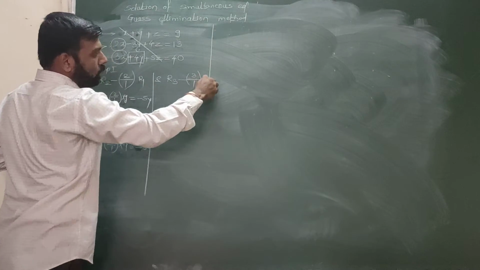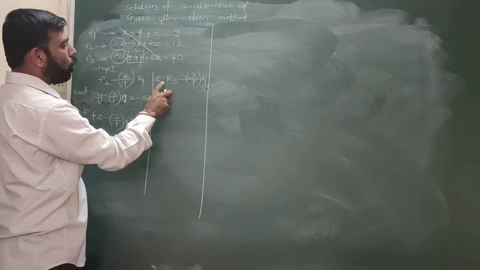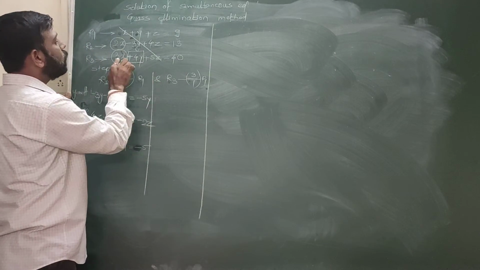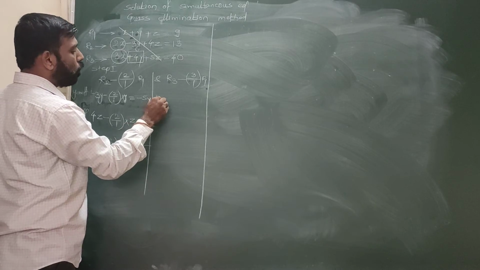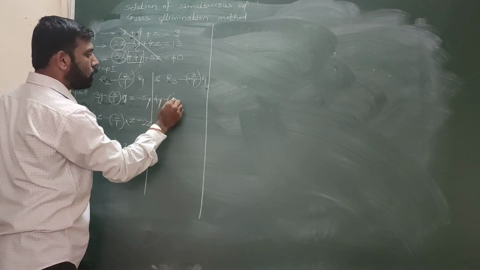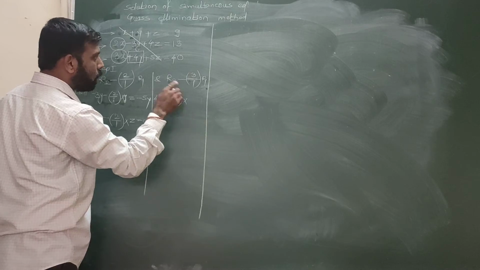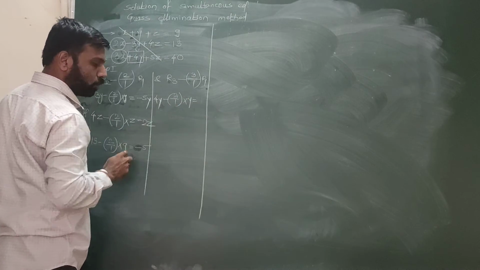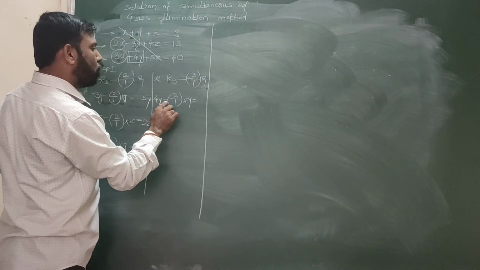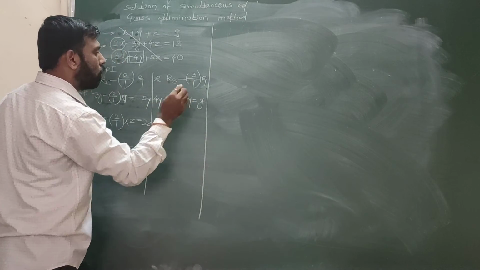Similarly, we'll write down the calculation for R3. For this element to be 0, its y coefficient is 4y minus the multiplying factor times its R1 y coefficient, which equals 4y minus 3y, that is y only.